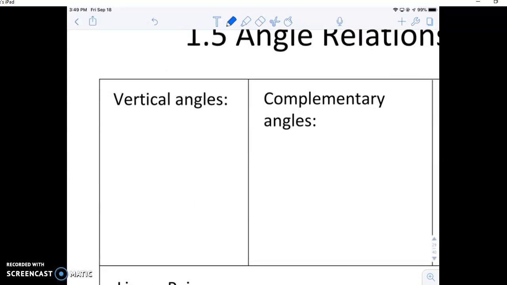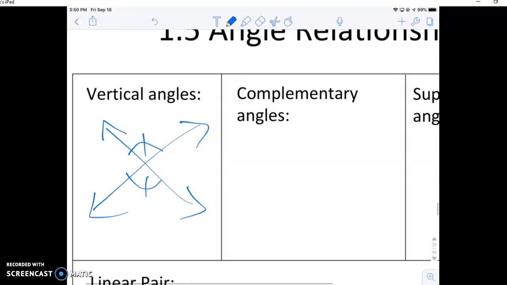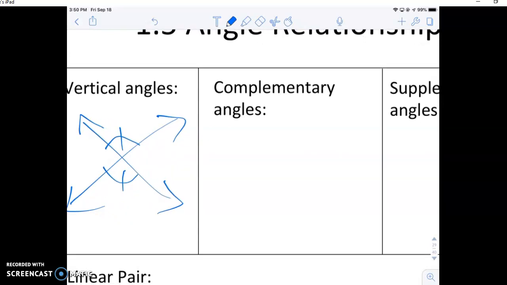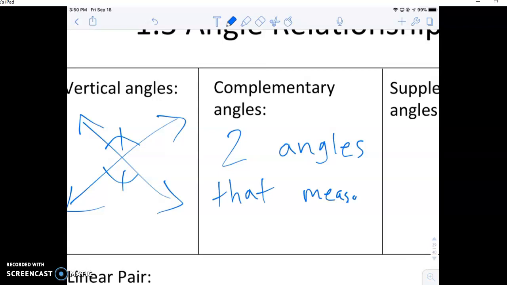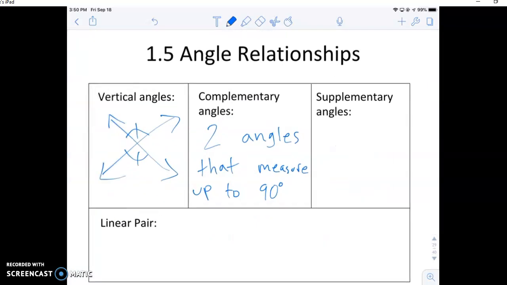Vertical angles, we already talked about that and how they're congruent. Remember, they're vertical angles, they're the same. Complementary angles, you should know that, but it's just two angles that measure up to 90 degrees. So two angles that form a 90-degree angle.